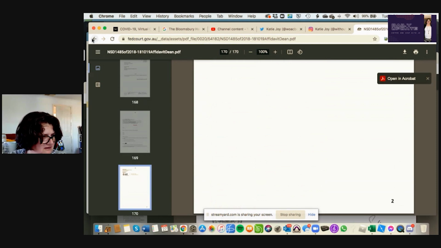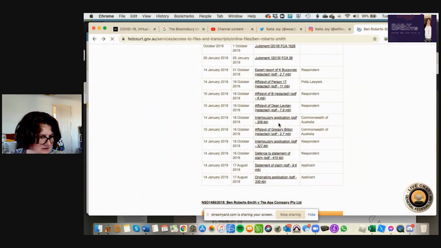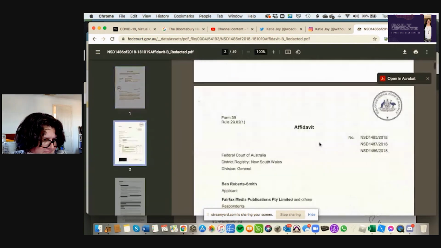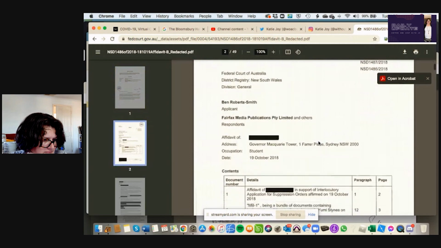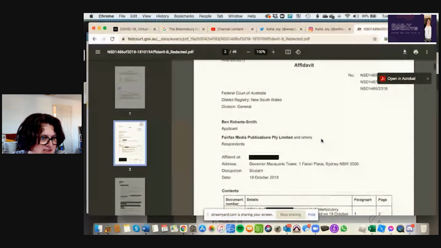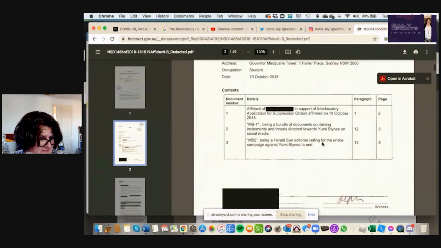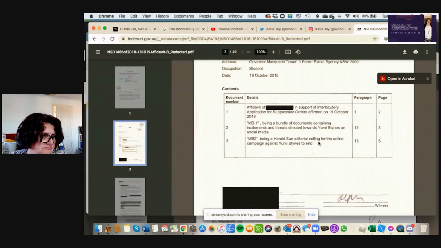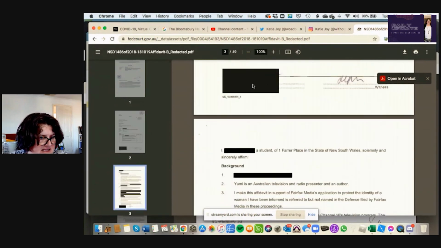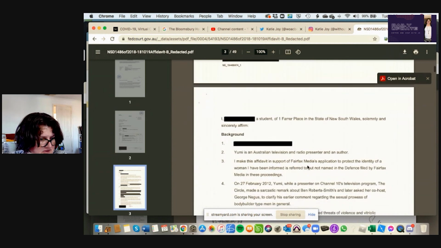So everything is in code. All right, so that's that one. And so this is the affidavit of B. Okay. All we know is person B is a student. And they've even taken out the signature.